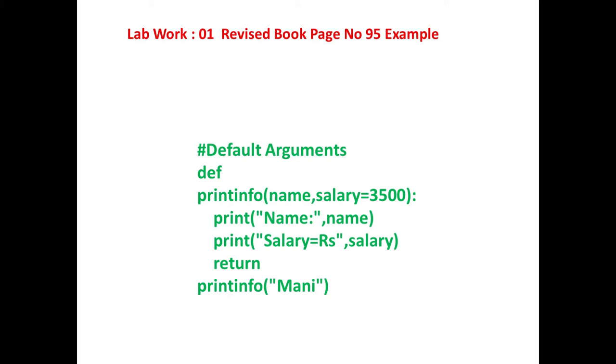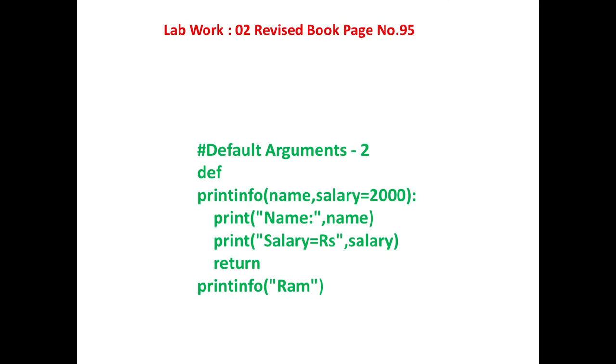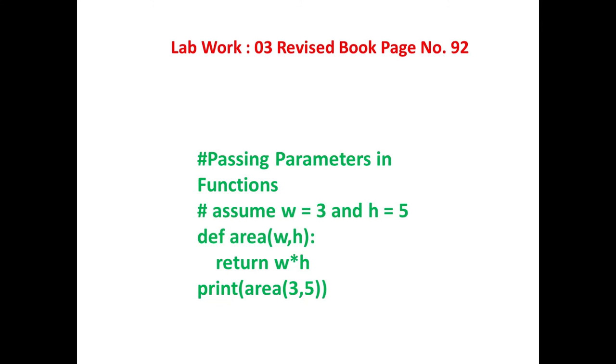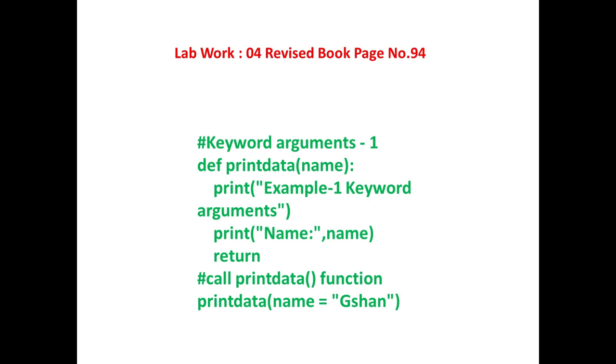The first example is, in the revised book, page number 95. This is the first exercise you do. Second exercise, page number 95, default argument 2. Third exercise, page number 92, passing parameter in function. Exercise number 4, lab work 4, revised book, page number 94, keyword argument 1.